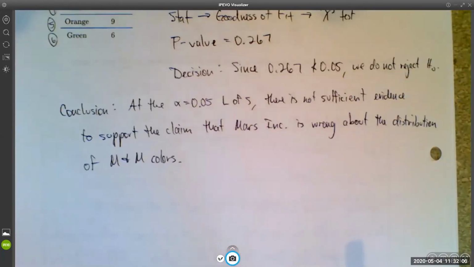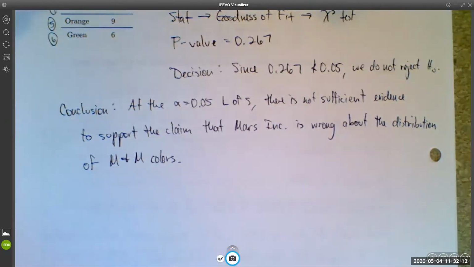And maybe it would be enough to reject the null hypothesis. But we don't know. We just don't have enough evidence. So Mars could be wrong, but we don't have enough evidence to say that for certain.